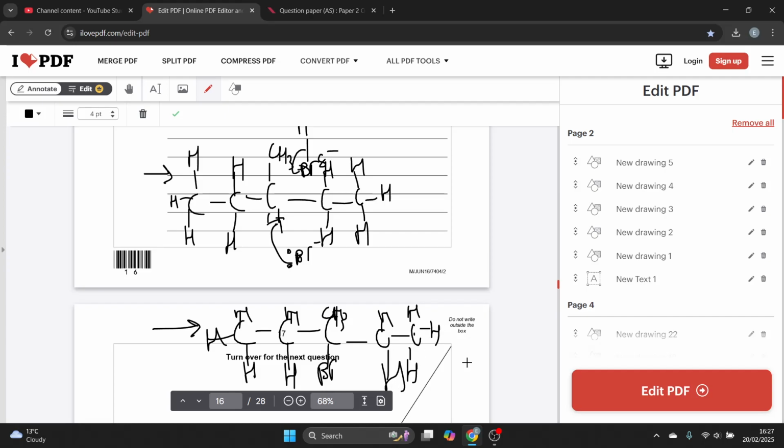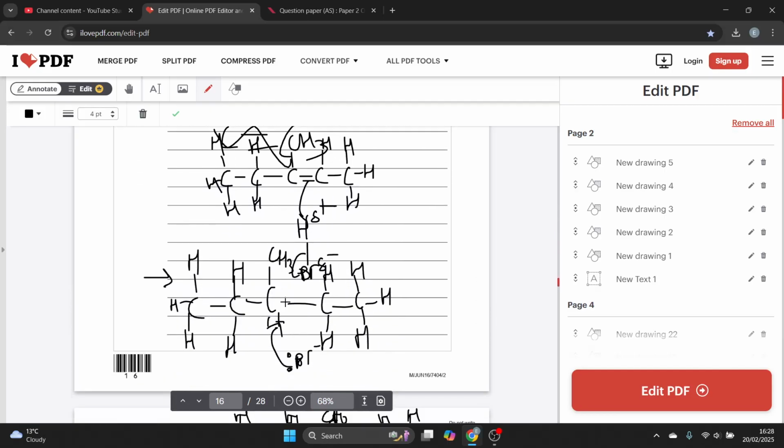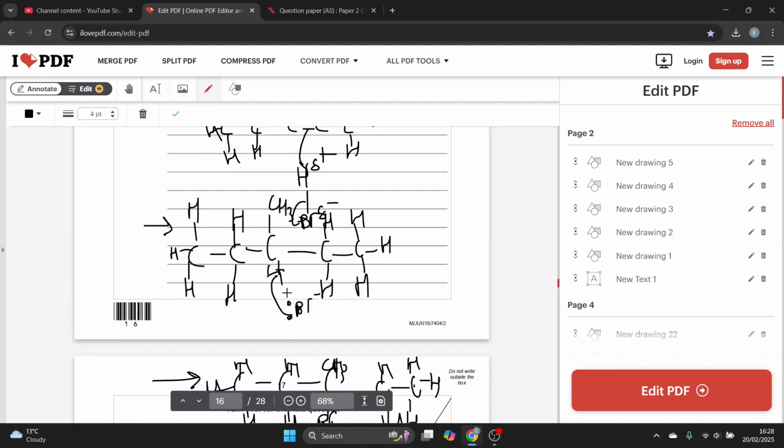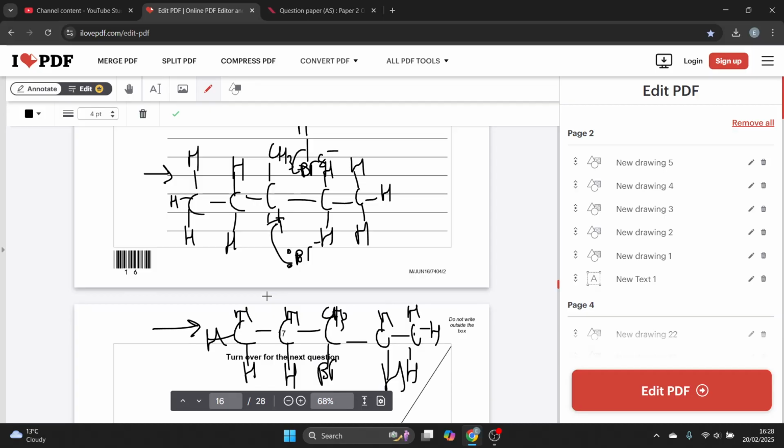There you go. Electrophilic addition: a double bond, CH, CH3, H3C, CH2, CH3, bonds to there, CH2, CH3. There you go.